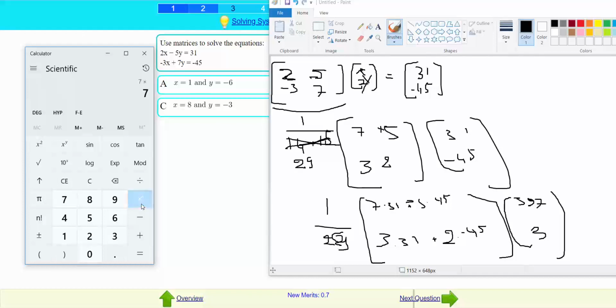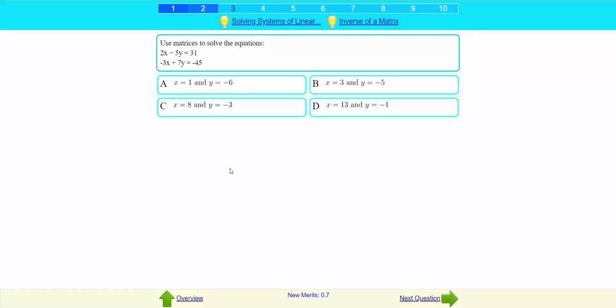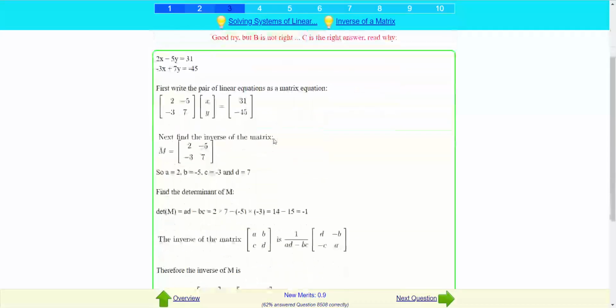So 7 multiplied by 31, that's 217. 217 minus 180 gives us 37. So 37 divided by 29. Still don't think that really yields something. Not right. I don't know.